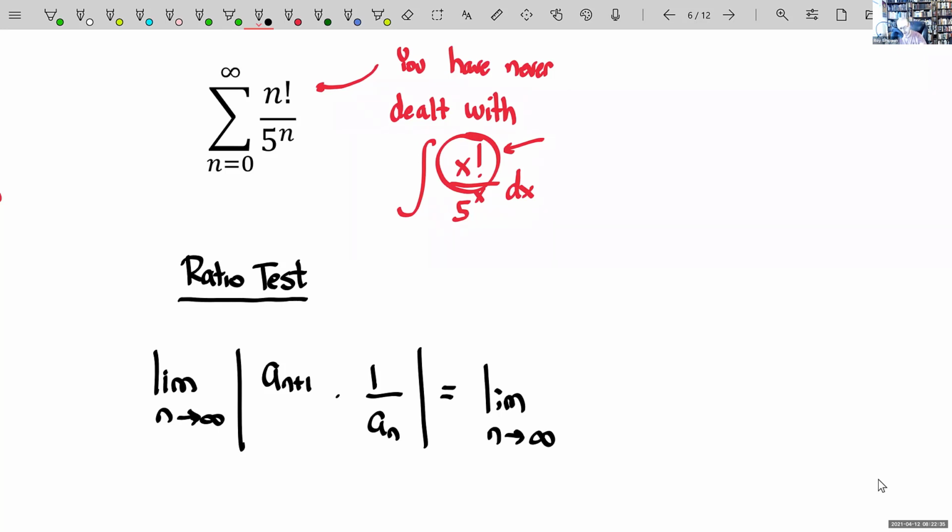The next term in line is me replacing these n's with n plus 1s, so I have an n plus 1 factorial over 5 to the n plus 1, multiplied by the reciprocal of the current term, which is 5 to the nth over n factorial. I didn't bother with absolute values because these terms are never negative.